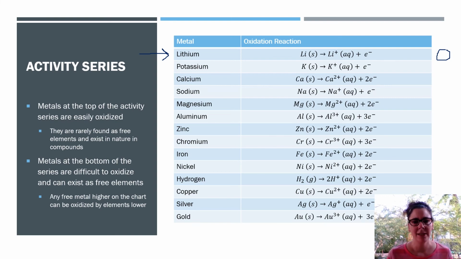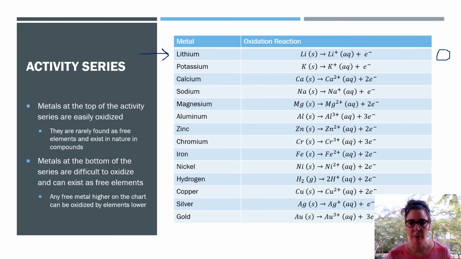So what that means is the ones at the top of the list are lithium, potassium, calcium, sodium. These ones are rarely found in their elemental form. Like if we were to go out into the environment and try to collect samples of just pure lithium or potassium, it would be very, very difficult to do. These are very, very reactive. They react with some things that we consider really inert, like water, and you're going to see that in the lab today.